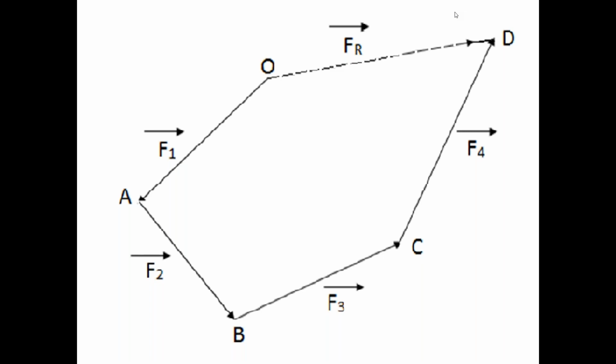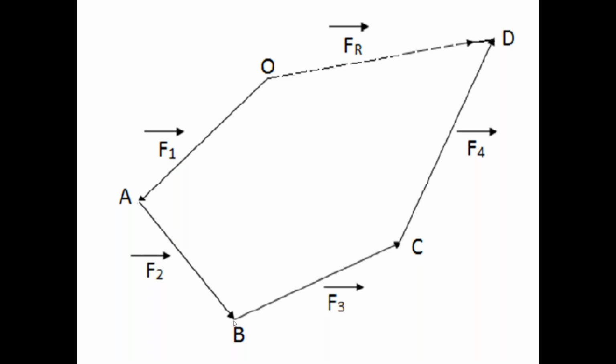Take that F1 bar as the side OA of the polygon, that is the graphical procedure. Take the force F2 bar as the second side of the polygon, that is AB. See the directions of F1 bar, F2 bar in that polygon are in the same order. The direction of F1 in the polygon is followed by the direction of F2, that is called same order.